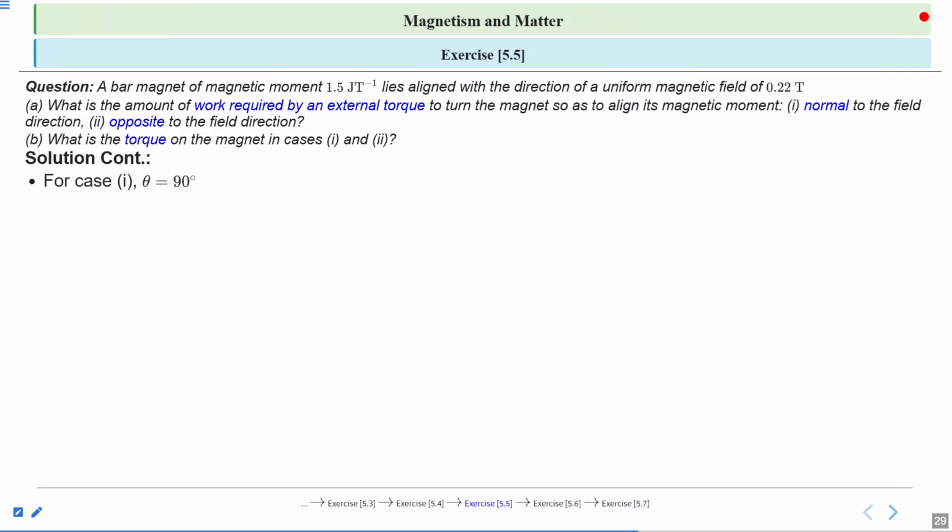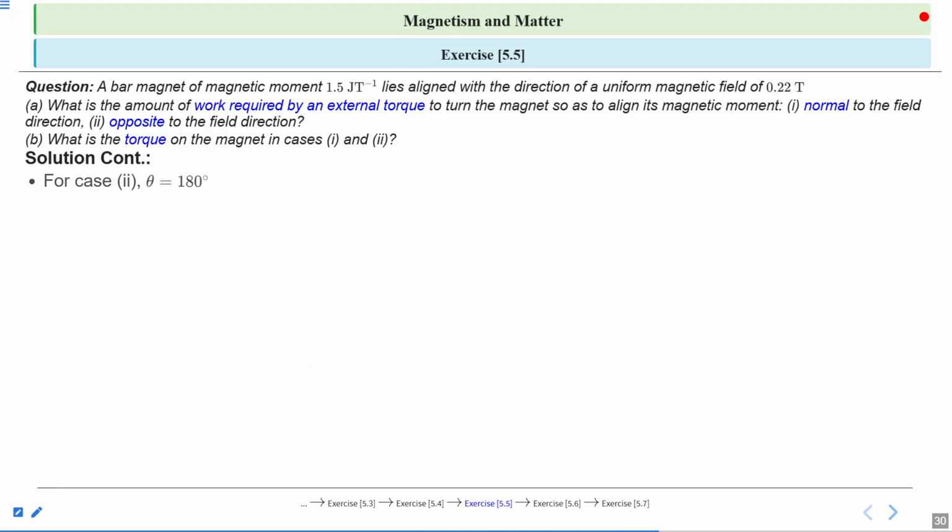Now in part B, for case 1, theta is equal to 90 degrees. So the torque in the first case, tau 1, will be equal to mB sin theta, with theta 90 degrees. So tau first will be equal to 1.5 into 10 into 0.22 into 1, since sin 90 degrees is 1. So tau first will be equal to 0.33 joule. This is the torque acting when the magnetic moment is perpendicular to the field direction.